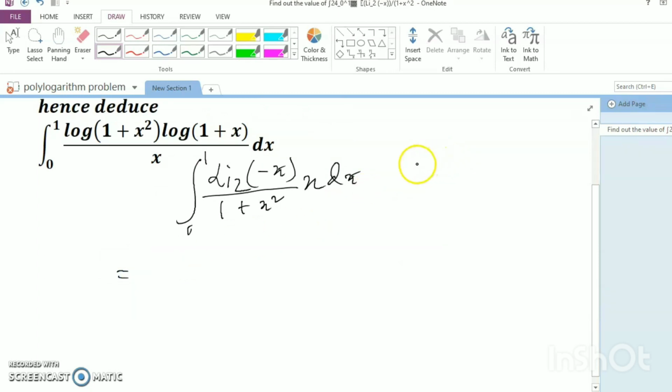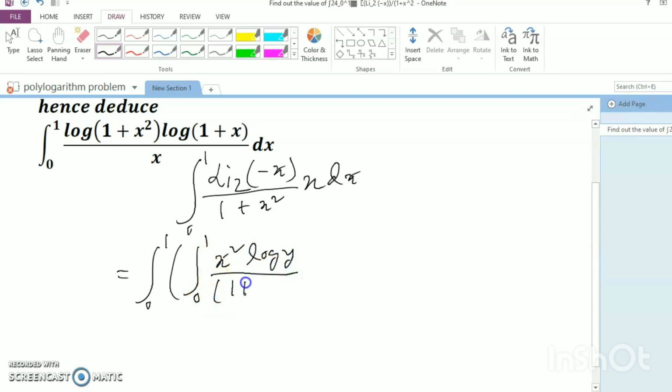What is the meaning of Li2(-x)? Li2(-x) is the integral 0 to 1, 0 to 1, x square log y divided by 1 plus x square into 1 plus xy, dy into dx.